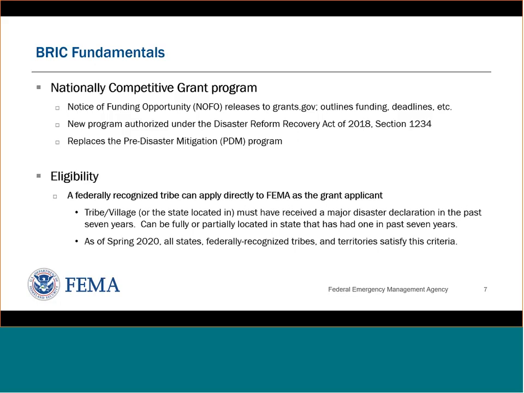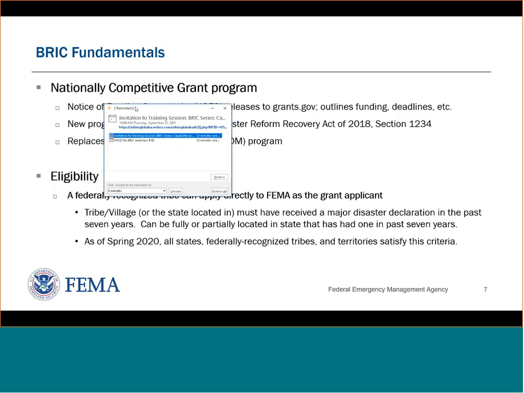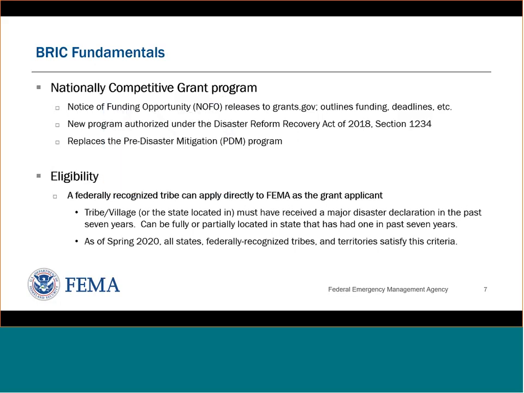So it's a really important document, and you definitely want to take a look at that if you have not already. The BRIC program is a newly authorized program under the Disaster Recovery Reform Act of 2018, the DRRA. If you're familiar with the Pre-Disaster Mitigation Program, PDM, BRIC replaces PDM.